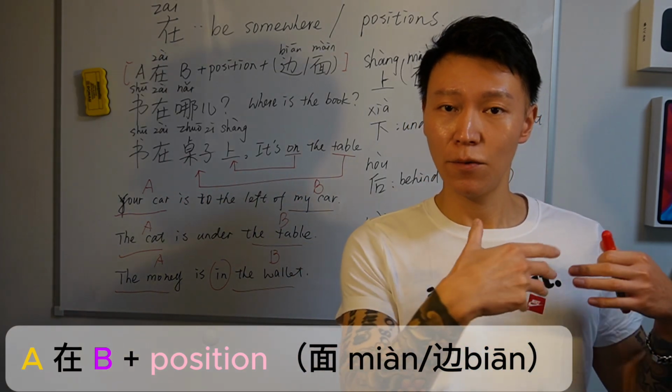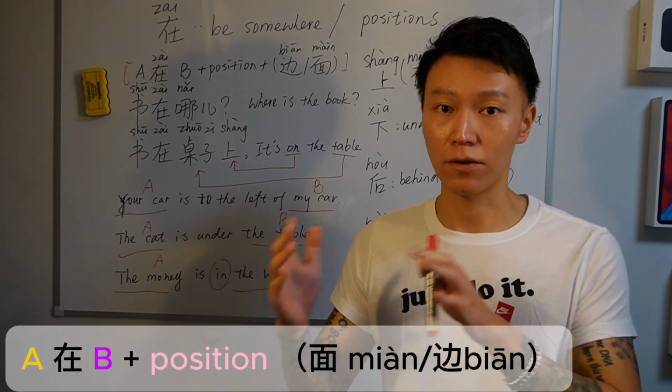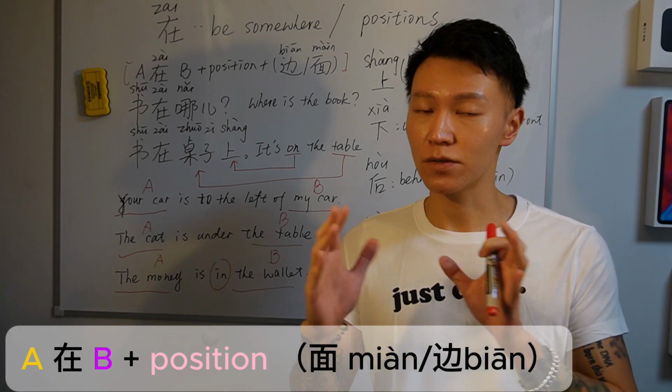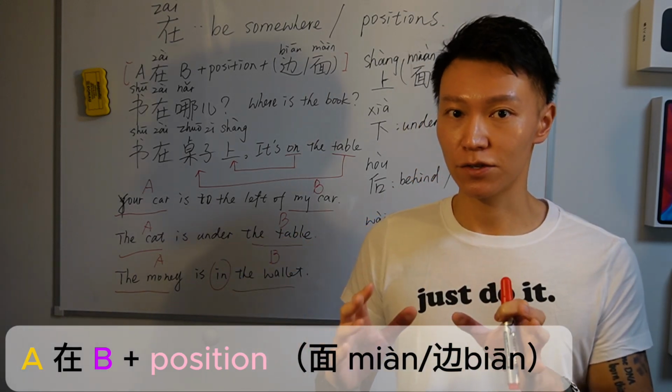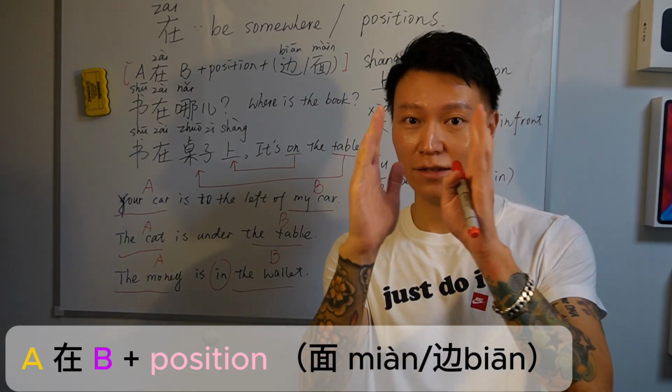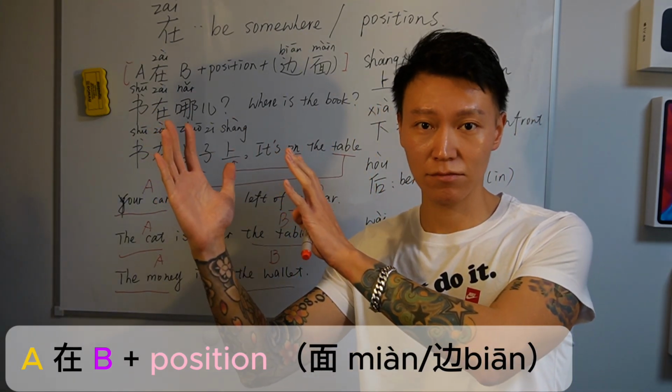When we talk about something is on another thing or under another thing, whenever there is a position mentioned, the Chinese sentence order should be different than English. And the Chinese sentence order should be something is something position.